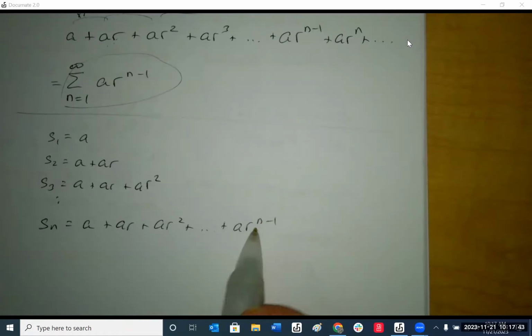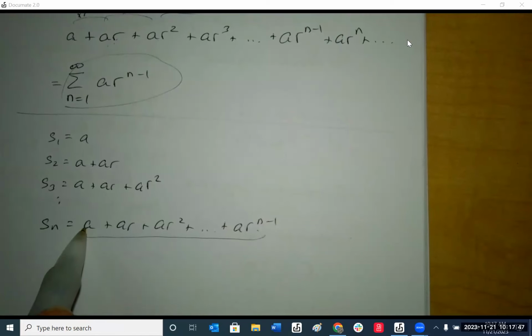The reason it's n minus 1 is because we have to have n number of terms. This is the first one, the second, and so forth.